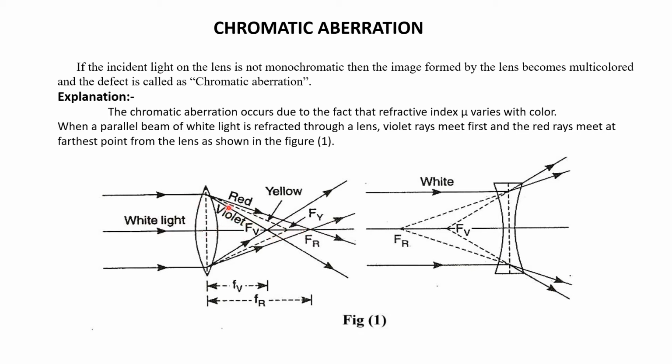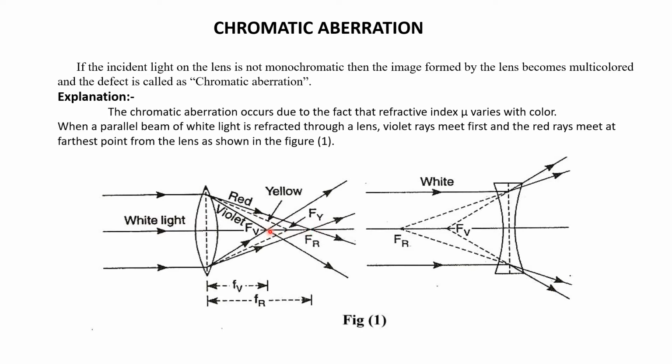That means all the violet light rays converge at a point F_V, and all the red colored light rays converge at the point F_R. So here a violet color image is formed, and here a red color image is formed, which means if we place a screen here, you will see a violet image at the center and a red image around that. And if you place the screen here, you can see a red image at the center and violet on the outside.